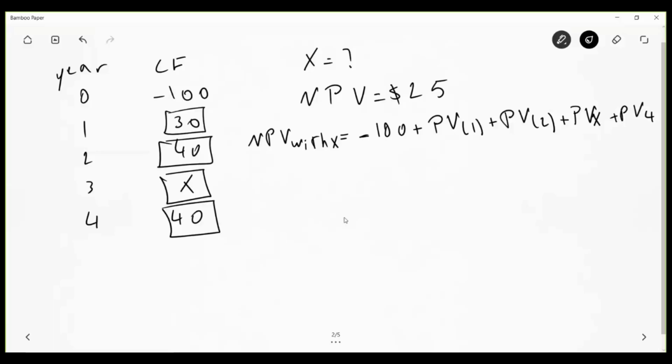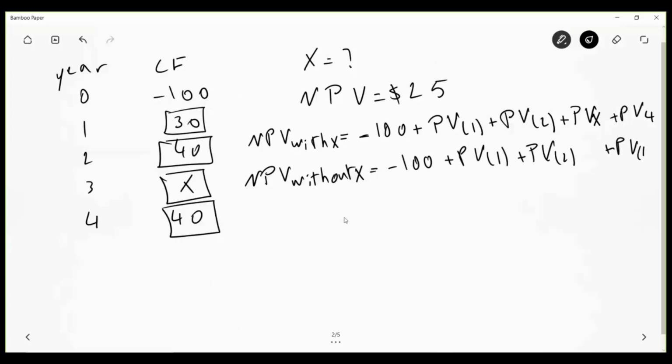So this is the NPV with X. Now I compute the net present value without X, because the net present value without X is going to be minus 100 plus PV1 plus PV2 plus PV4.